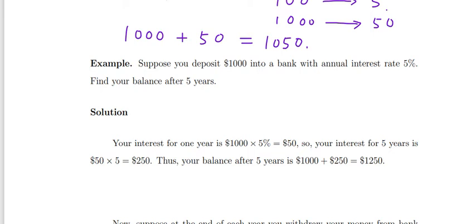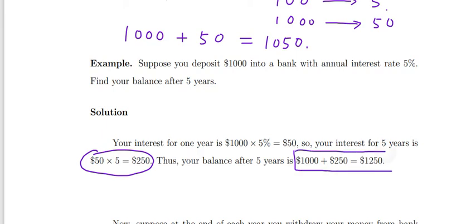So we use this method. One year's interest is $50, 5 years is $250. So your balance will be 1,000 plus 250. Here we call this 1,000 the principal.